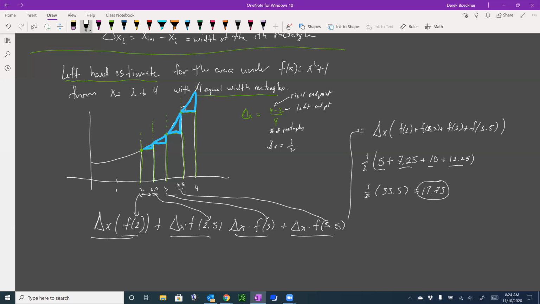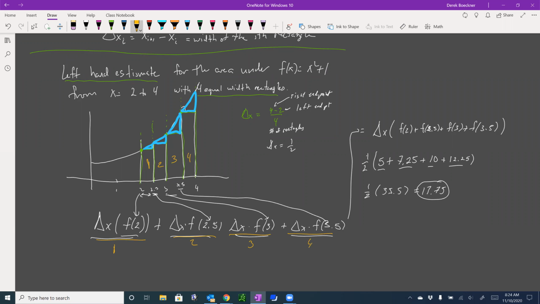How come you don't take the 4? So the 4 is the right-hand side of this green rectangle, but we want the left-handed estimate. So this is rectangle 1. Rectangle 1 has this thing as its area, right? 2 is this one. 3 is this one.